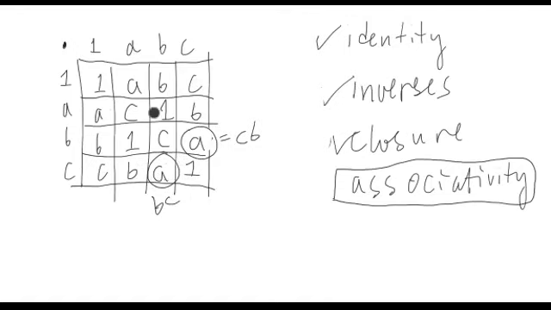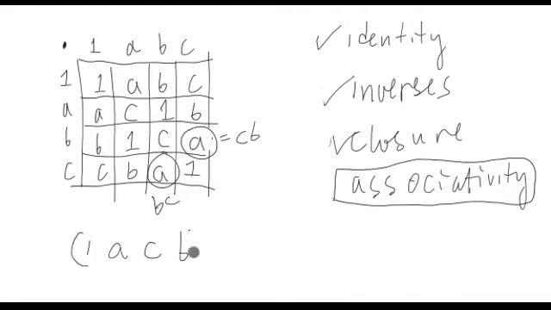This guy right here is a permutation. I'll just use cycle notation. 1 goes to A, A goes to C, C goes to B, and B goes back to 1.